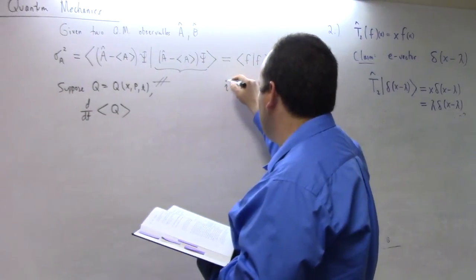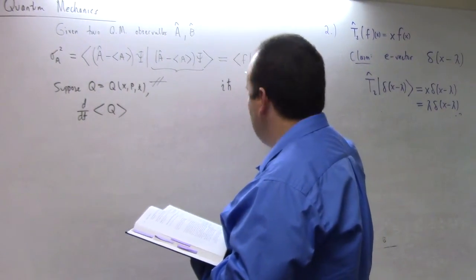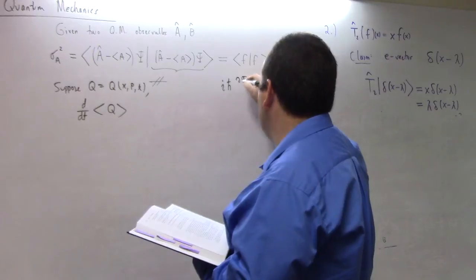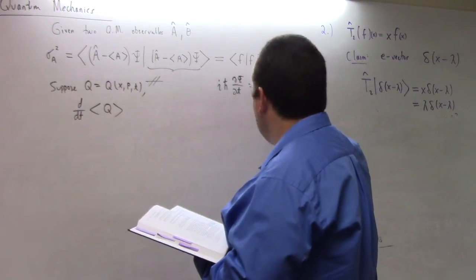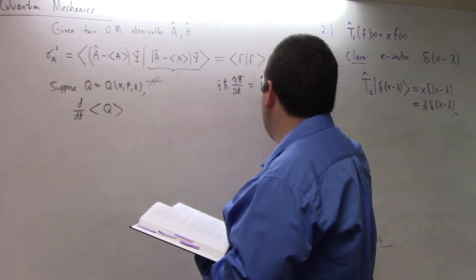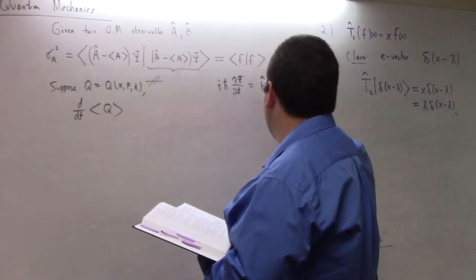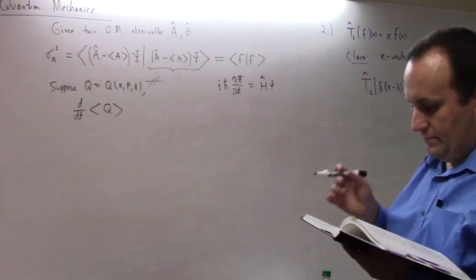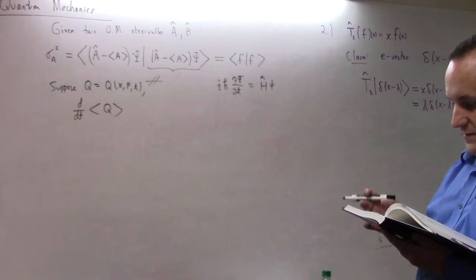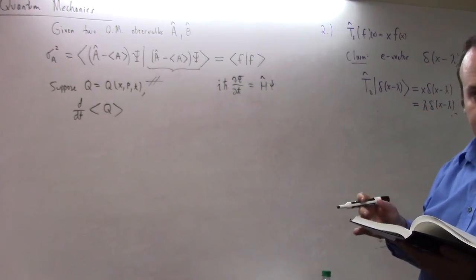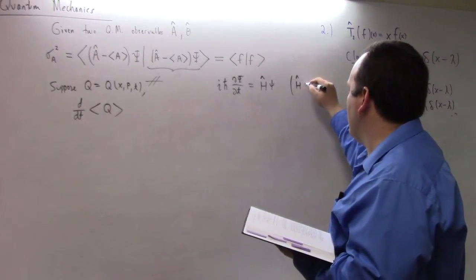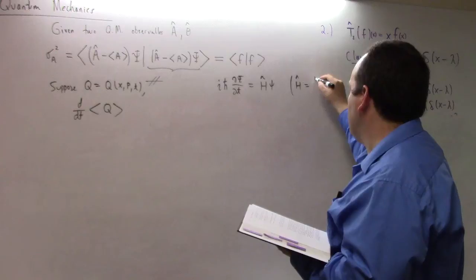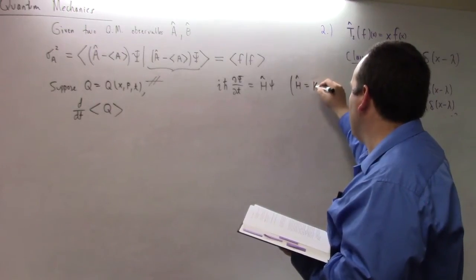Schrodinger's equation: i h bar partial psi partial t is equal to the Hamiltonian operator acting on psi. So this H hat, what is it? It's the kinetic energy plus the potential energy, basically.